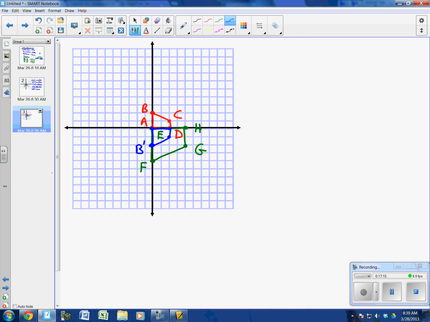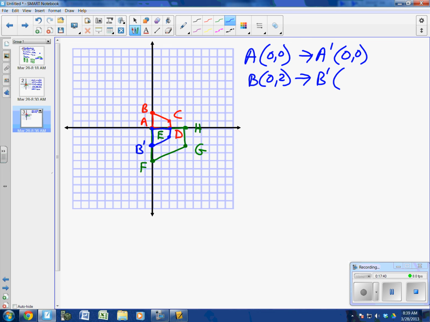Okay? So A was at 0, 0. We did a reflection, and A prime was where? 0, 0, right? Okay. B was at 0, 2. Where's B prime? 0, -2.